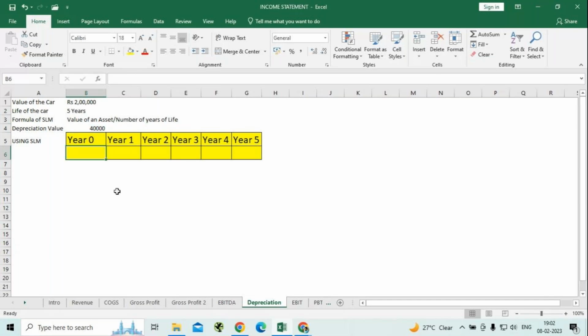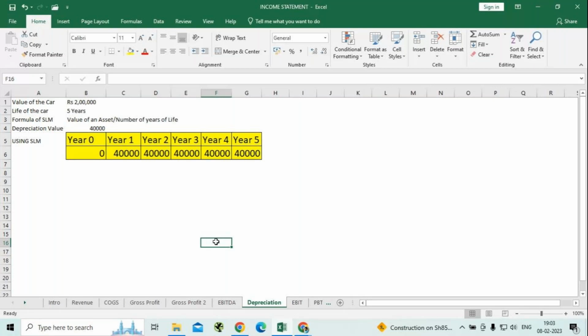So in year 0 it will be 0, and in year 1 it is 40,000. Every year it is going to be 40,000 rupees only.